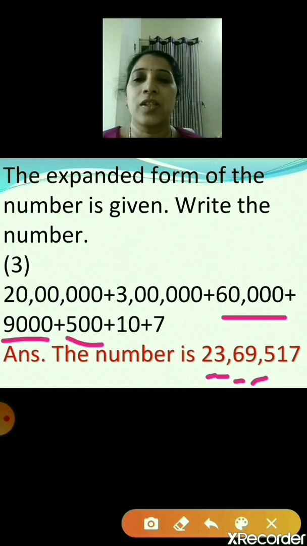So first 0 in the units place, second 0 in the tens place, and the third digit is 5, which is in the hundreds place. So you have written the number 5. Next is 1 and 0. So 0 in the units place and 1 in the tens place. So we have written the number 1. And the next digit is 7. So 7 we will write as it is.